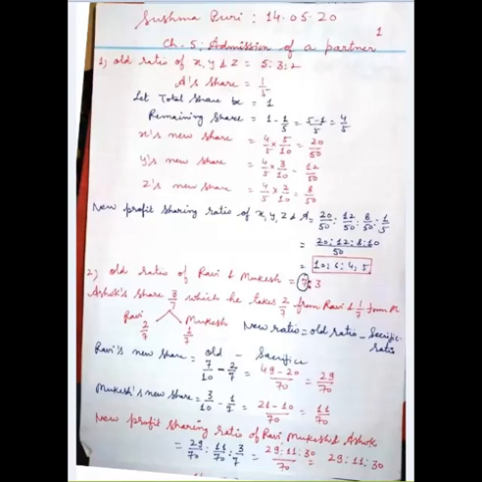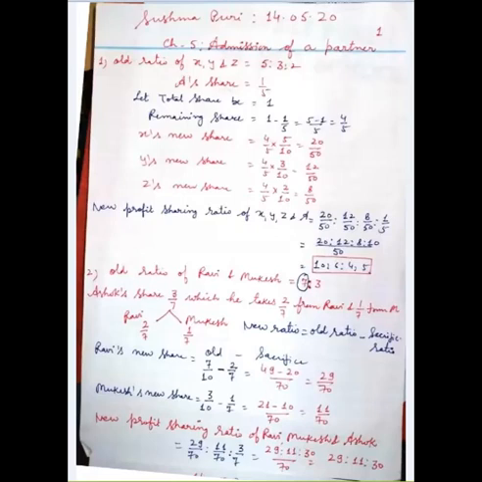See how we'll calculate. In this question, the old ratio of Ravi and Mukesh is 7:3. Ashok's share is 3/7, which he takes 2/7 from Ravi and 1/7 from Mukesh. New share is equal to old share minus sacrifice share.